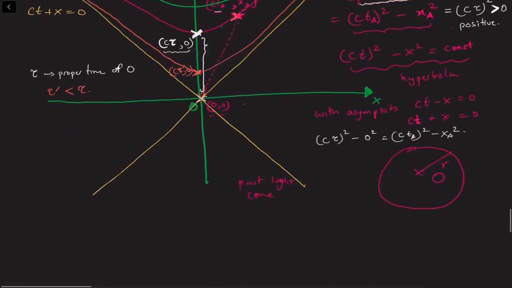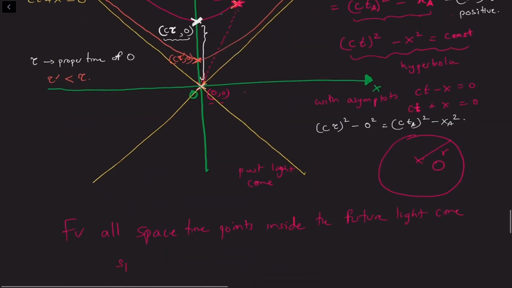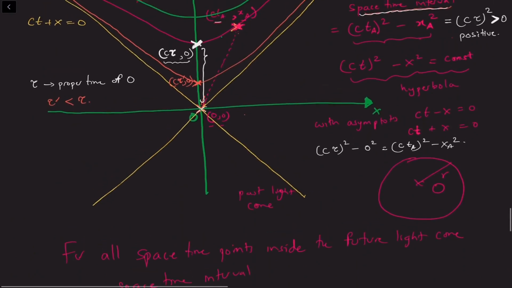write this down, for all space-time points inside the future light cone, we would have the space-time interval between any point here, P. You can always draw the hyperbola of that point P. It would always pass through a point which is just located at the same spatial location as O, but at a future time.